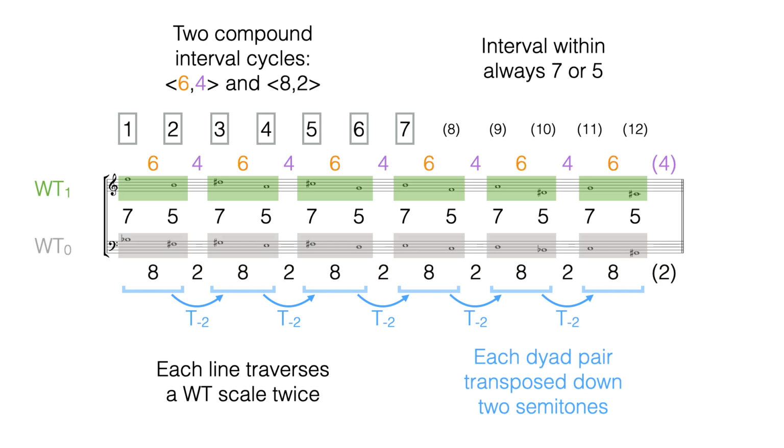The lower melody alternates intervals 8 and 2 and moves entirely within the other whole tone scale.